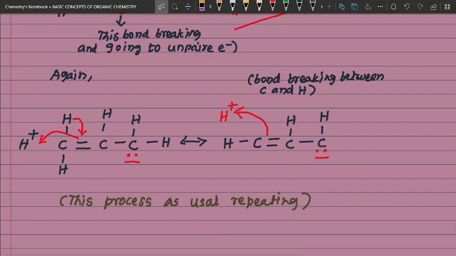This already has one unpaired electron. See here, this pi bond goes outside as an H plus ion. Again this hydrogen bond approaches here, so we get one unpaired electron here. This process is a repeating process as usual, like resonance.